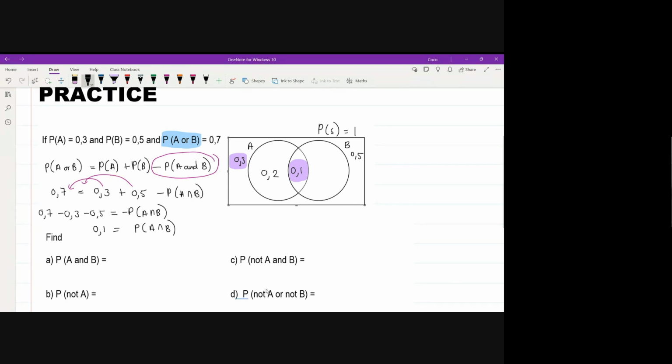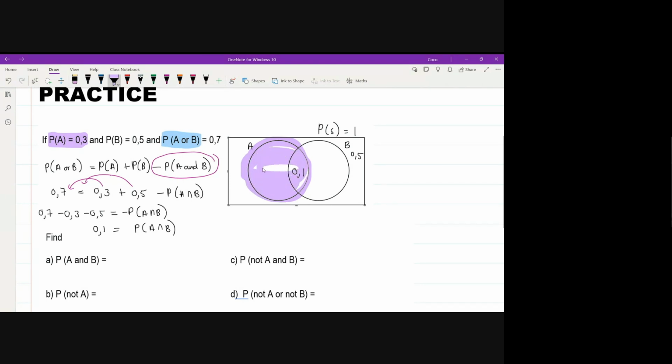Okay, some of you are a little bit lost. So we've just calculated that the probability of A and B is 0.1. This statement over here says the probability of the whole of A is 0.3. The whole of A includes that 0.1 that we've just calculated.